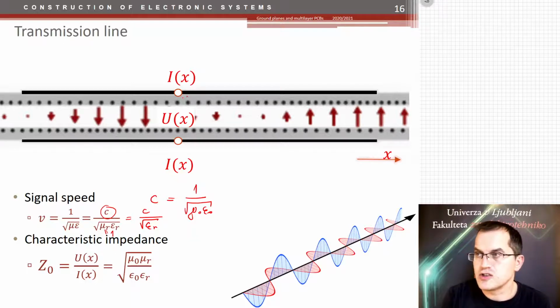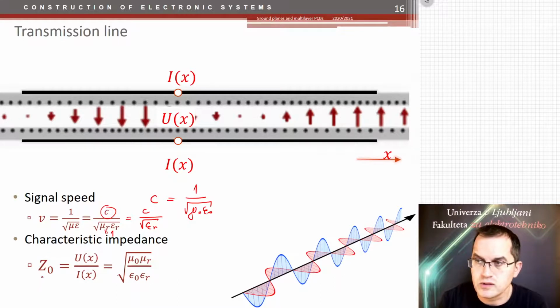And each such signal, propagating through this line, has a certain property. We define that property by the so-called characteristic impedance, which is a ratio between the electric and magnetic field, or in the case of tracks on a PCB, a ratio between the voltage and the current on the tracks, and is calculated like that.